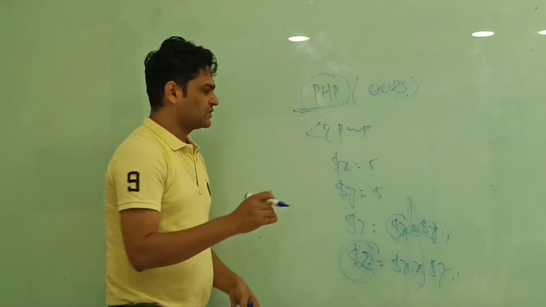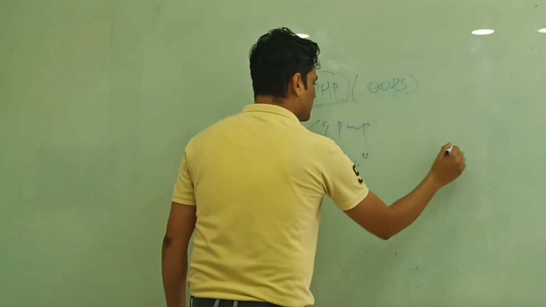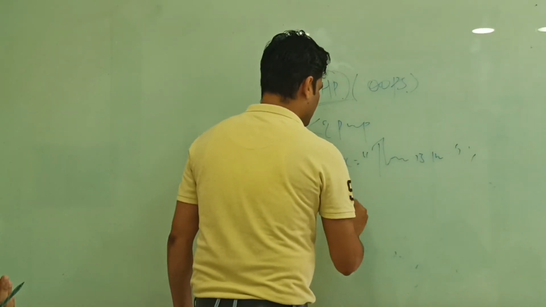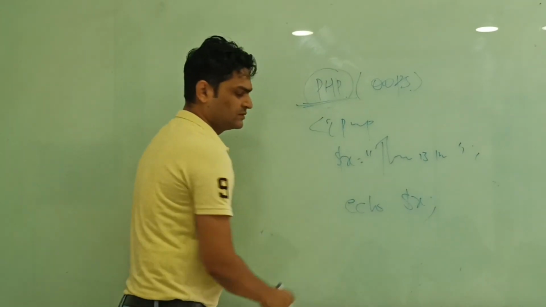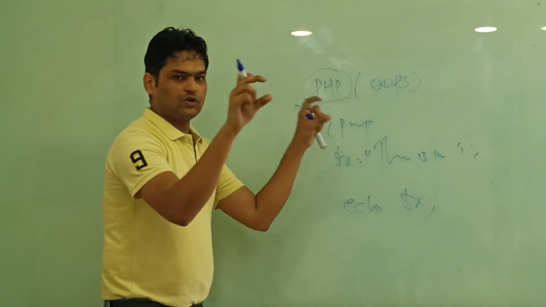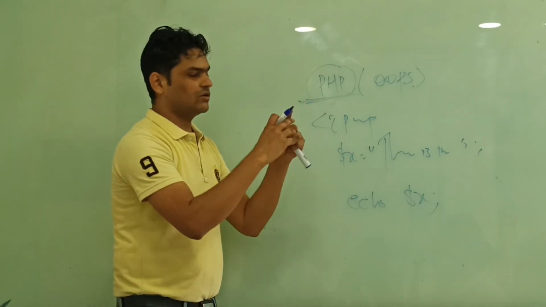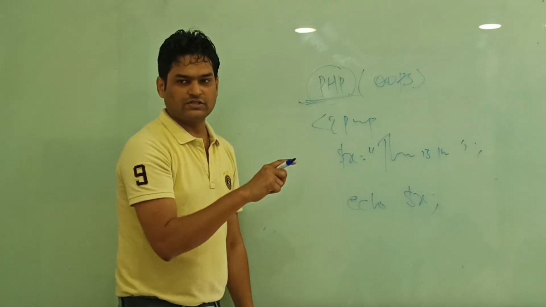You understand? Similarly, if I write over here, in double quotes, this is PHP, echo $x, what will be the result? You will get one output, this is PHP, on your browser, once you try to execute.